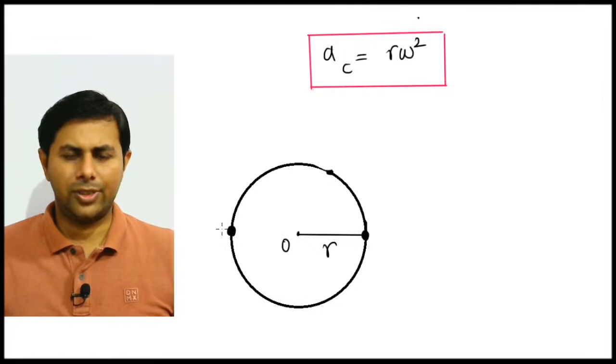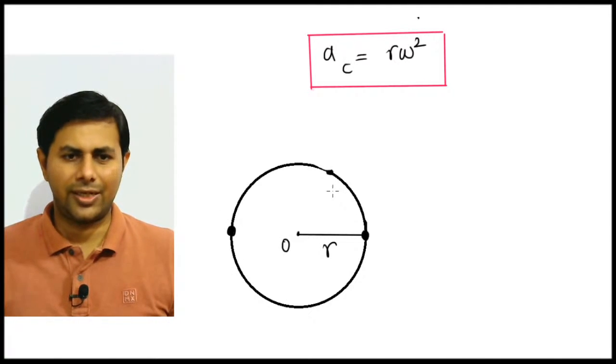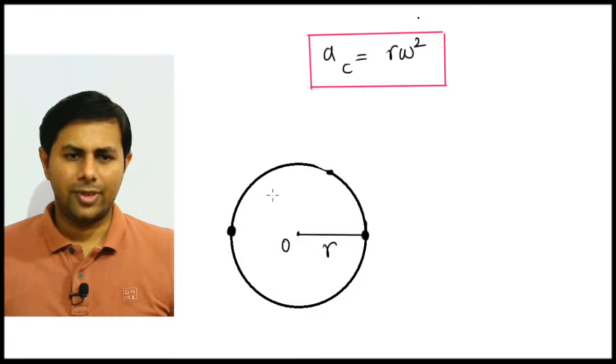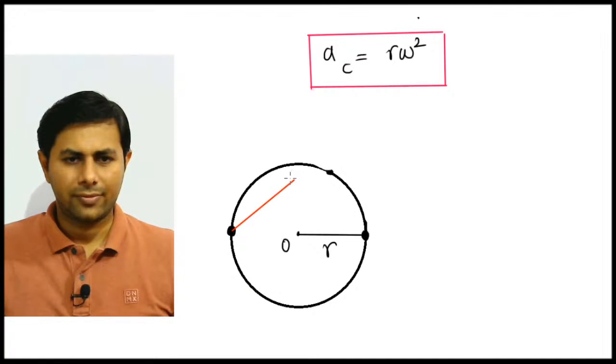Suppose this is the object and it's moving in a clockwise sense, and its acceleration is directed like this. So this is my a bar.